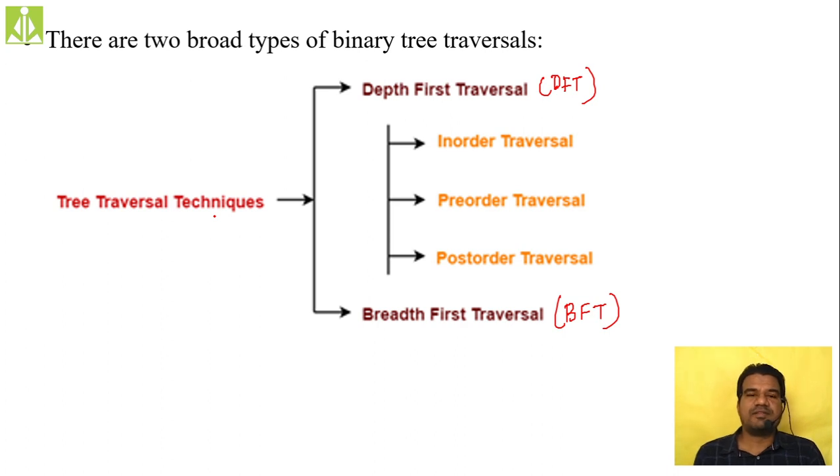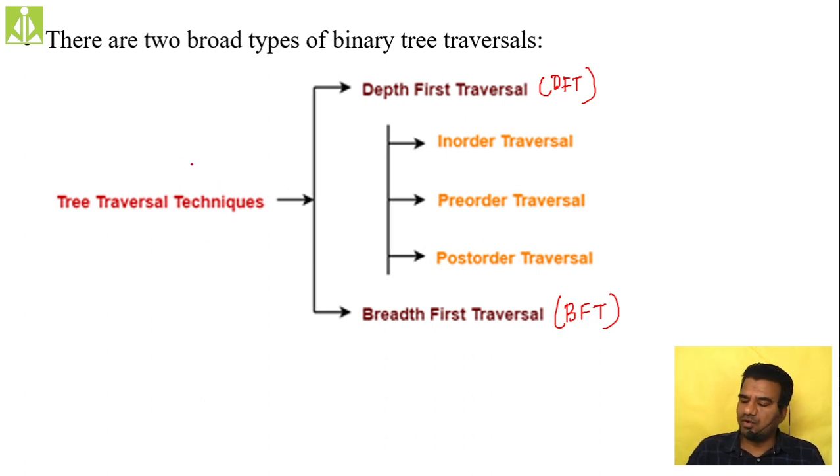We said traversal techniques are divided into two types: depth first traversal, DFT, and breadth first traversal, BFT. The DFT in turn is divided into three types: in-order, pre-order, and post-order traversal. So how many traversal techniques do we have to discuss?